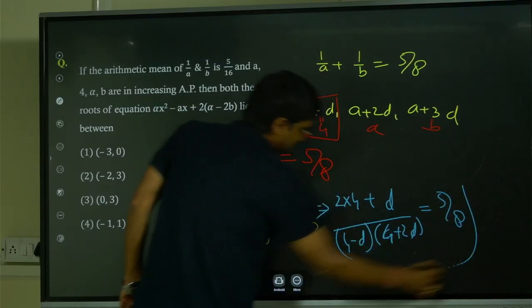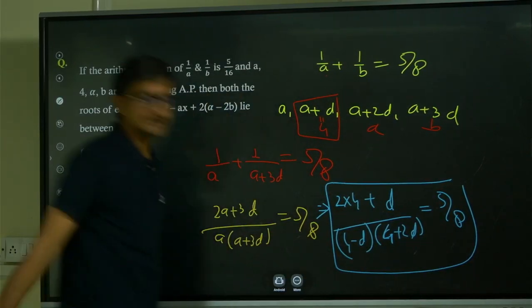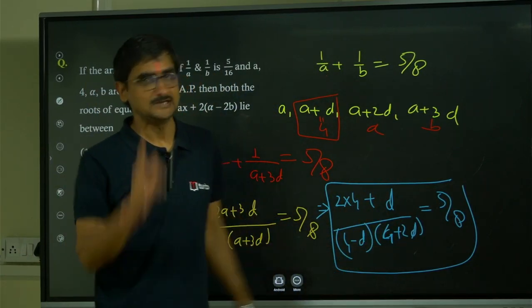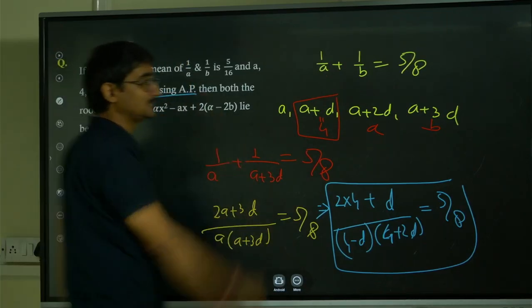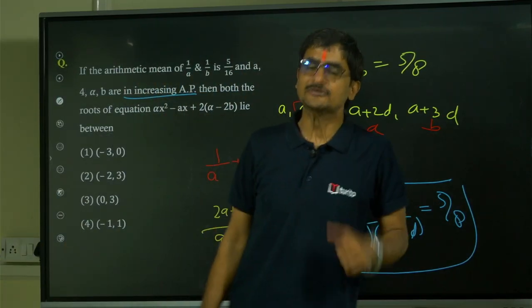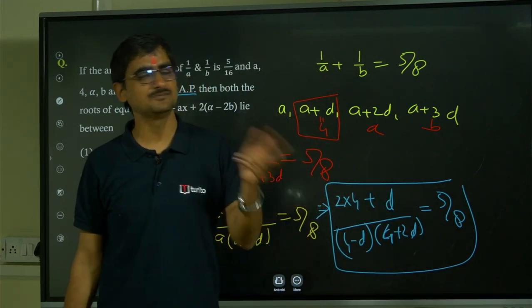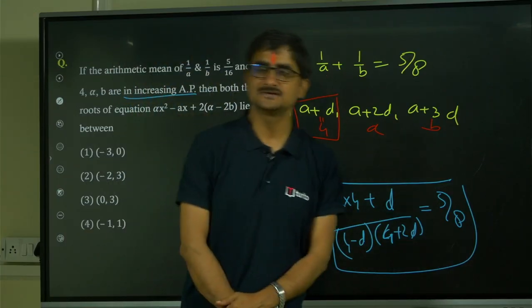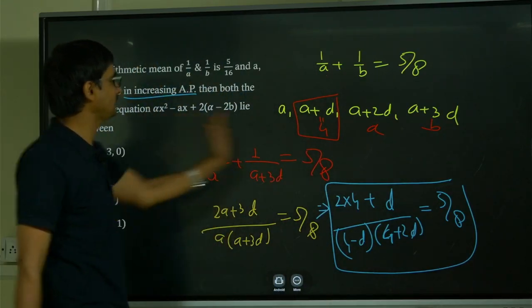Now you solve it, a quadratic in d, cross multiply. See, it's an increasing AP, remember this, so d has to be positive. Most likely we'll get one positive, one negative d, so positive d will help us, and once you have the value of d, you have everything here.